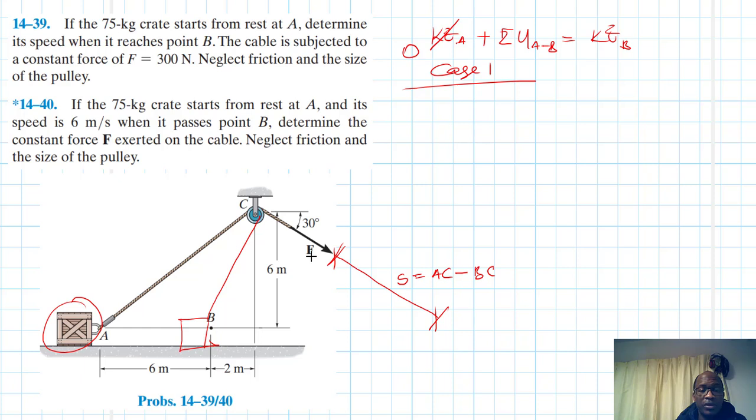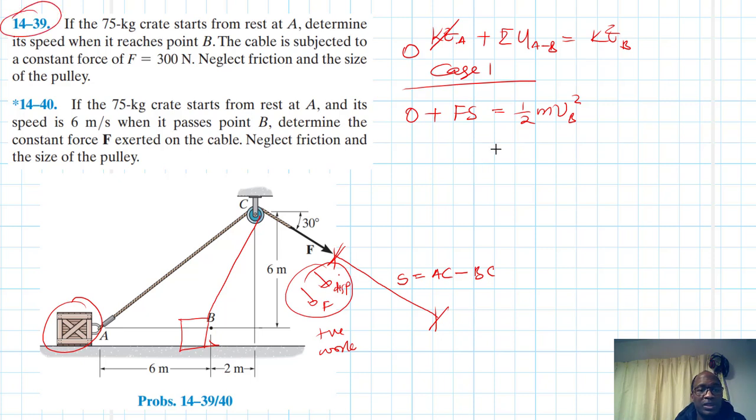Therefore, for the work done, the force and the displacement are both in the same direction, so we have positive work. This is the force, and we have the displacement. So we have 0 plus Fs equal to half m v_B squared.